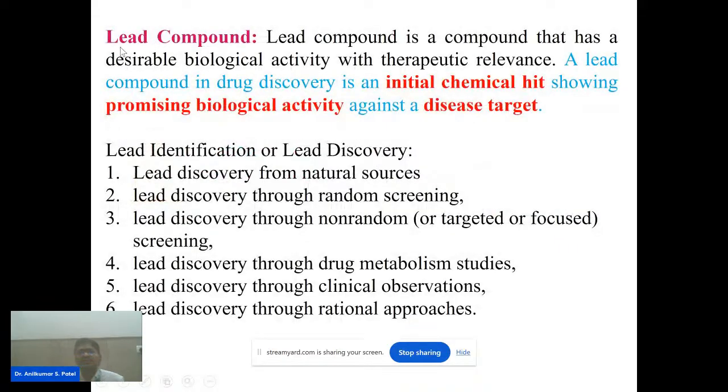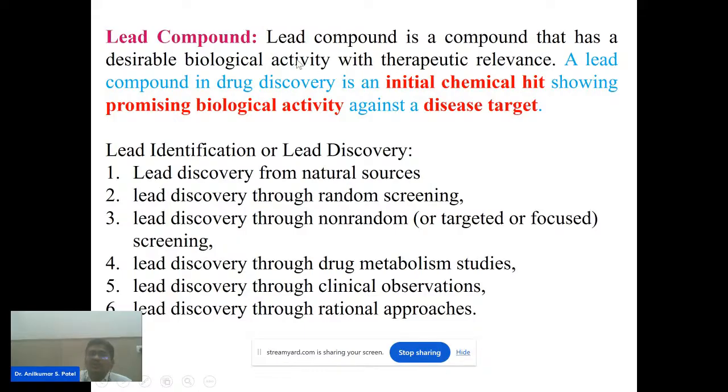So, a lead compound is a compound that has a desired biological activity with therapeutic relevance. It means the compound gives a particular biological activity and a particular therapeutic response, for example antimicrobial activity or anti-cancer activity.